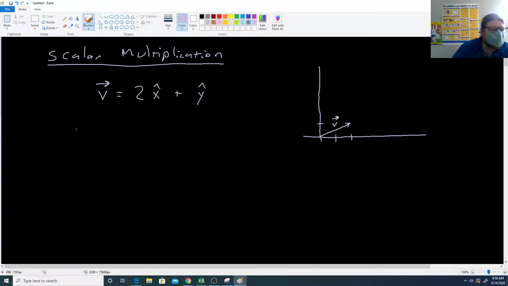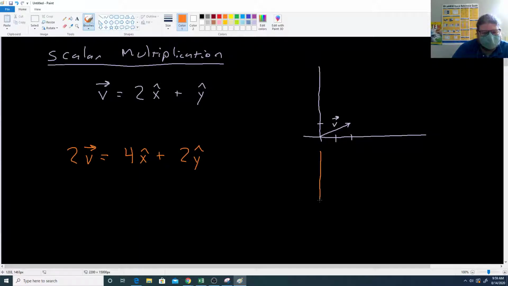Now, if we wanted to do 2 times the vector v, all you do is multiply all the components by 2. So 2 times 2 is 4, so this would be 4x hat, plus 1 times 2, which would be 2y hat.